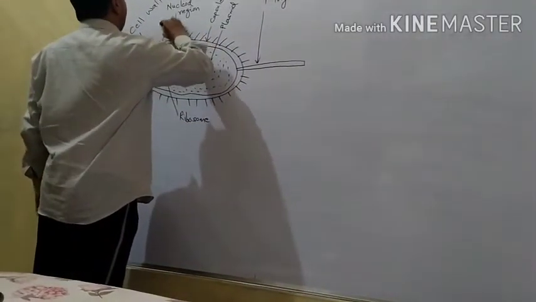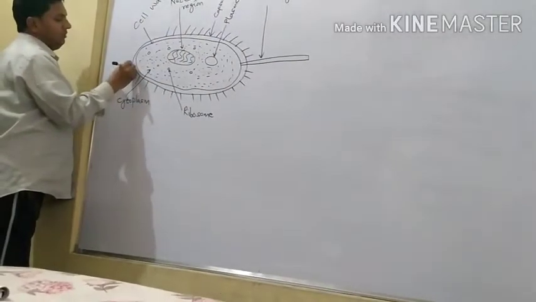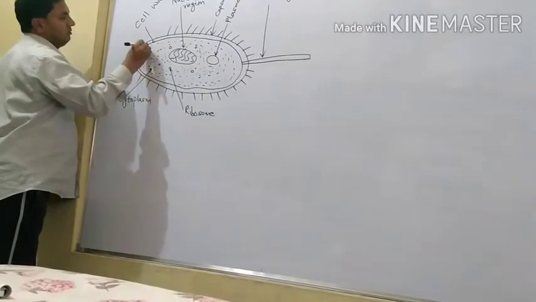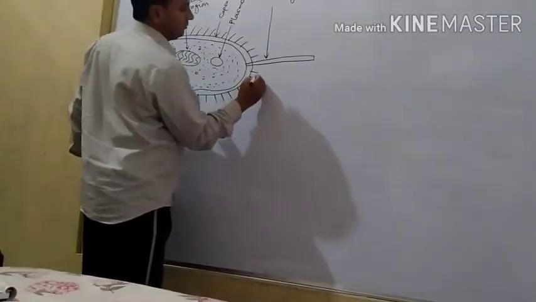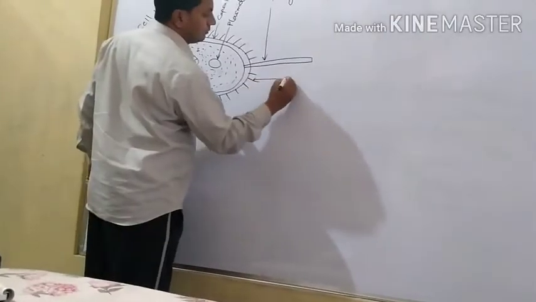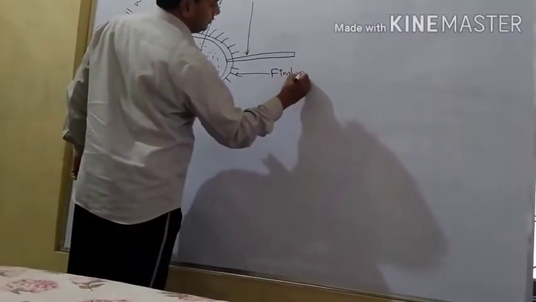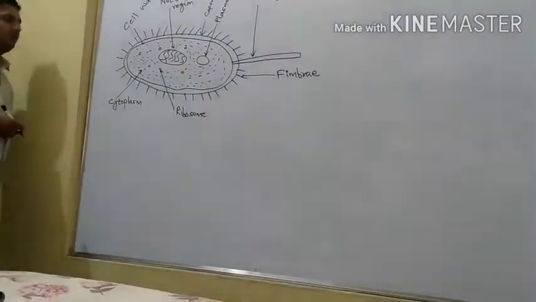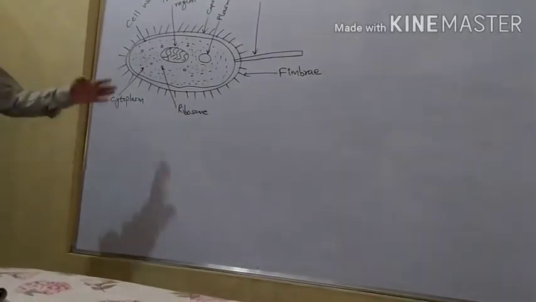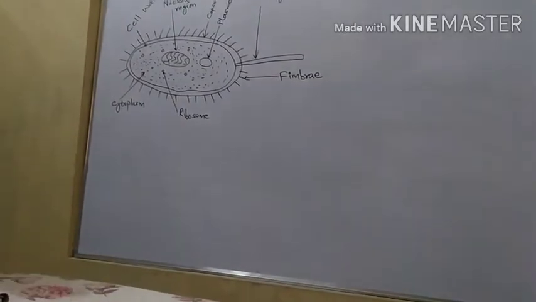These fimbriae are present around this bacterial cell. So this is one example of a prokaryotic cell in which these things are present.